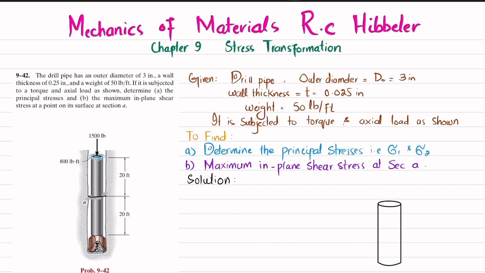This length is 20 feet, and we have a load of 1500 pounds, and we have a torque that is mentioned over here, that is 800 pounds into feet, and this length is 20 feet.